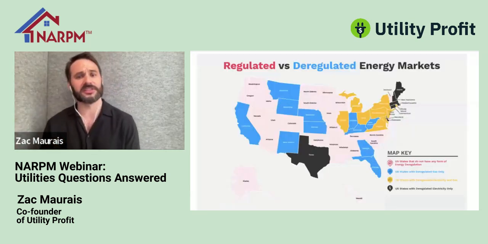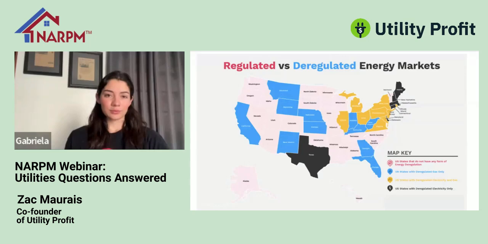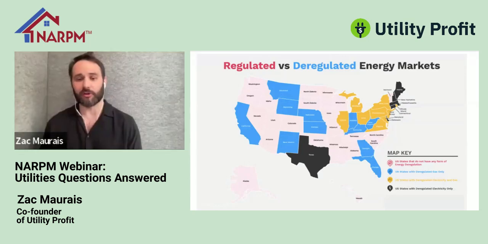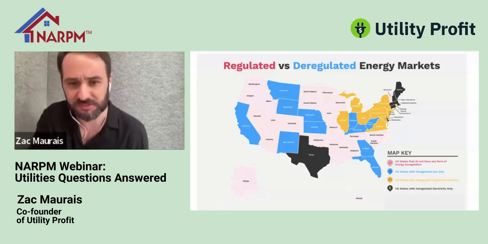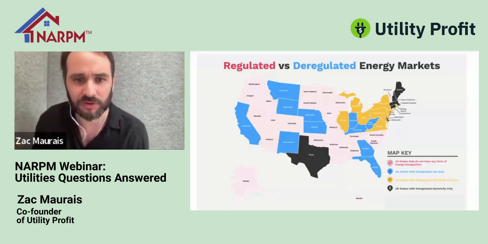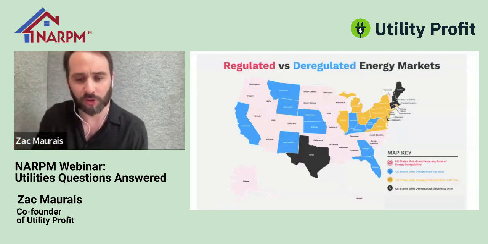Some of this relates to this map here called regulated versus deregulated energy markets. Water tends to be regulated across the entire United States. It's usually municipal run and very closely monitored because it's such an essential thing. Whereas, for instance, black here for Texas and the Northeast, and blue, you'll notice, are deregulated gas places.